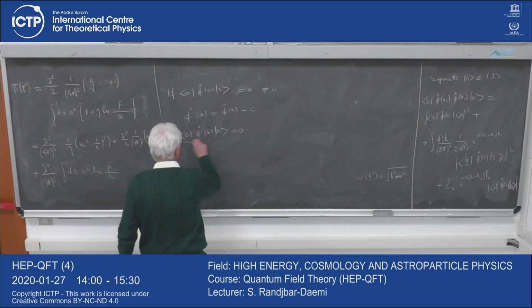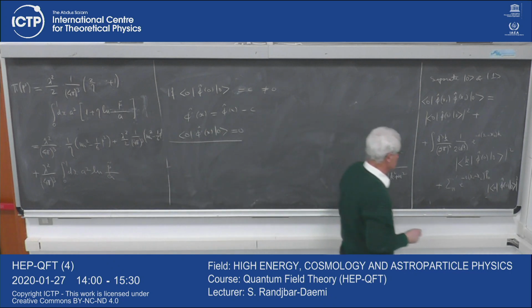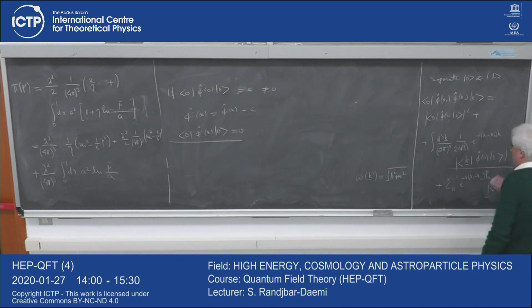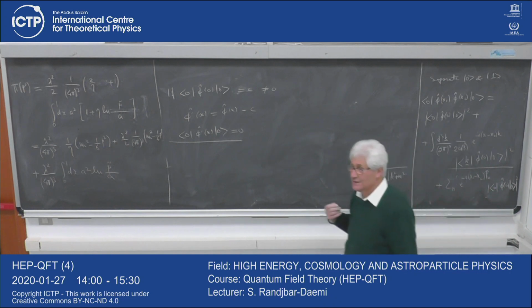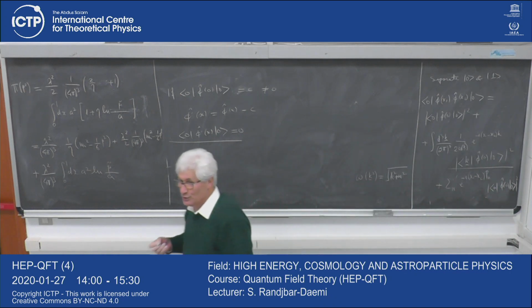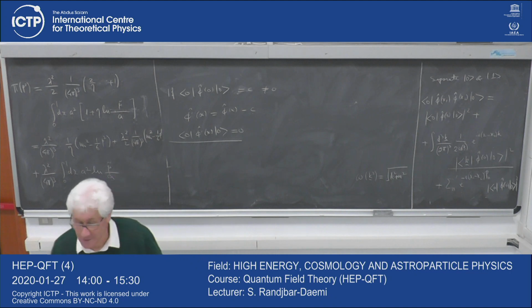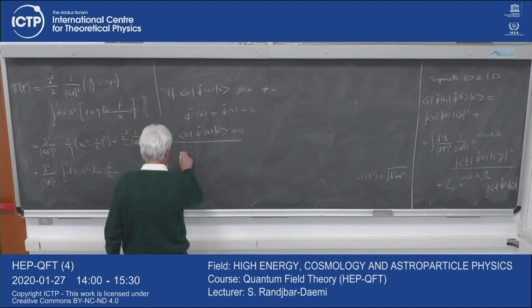The second term is this. The first part is standard, but here you have a thing which seems to depend on k. However, the whole formula seems Lorentz invariant. Its k dependence can only be through k squared.